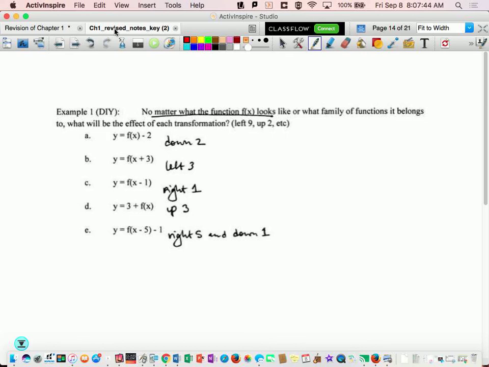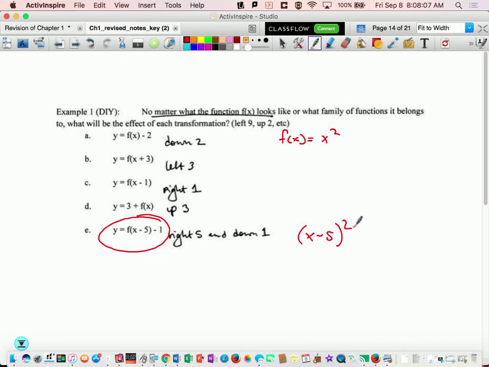But again, in this type of mode, you could actually pick a function. So if you didn't know by this notation, for instance, the f of x, you could make f of x equal to x squared. And then if I just look at this example, I would write x minus 5 is what they want as the input.